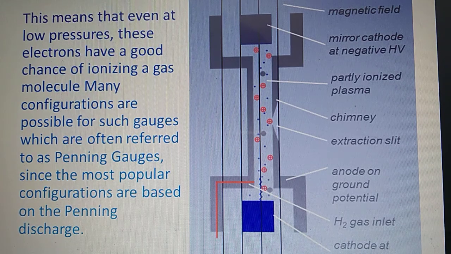Many configurations are possible for such gauges, which are often referred to as Penning gauges. Since the most popular configurations are based on the Penning discharge, the discharge of the electrons is taking place at the chimney, and the plasma is ionized.